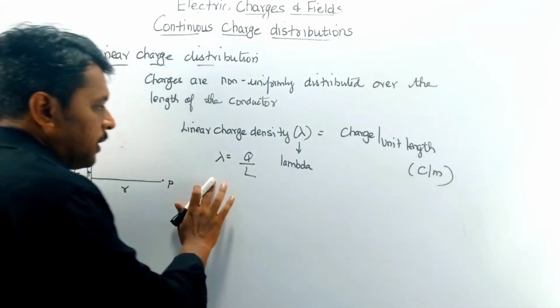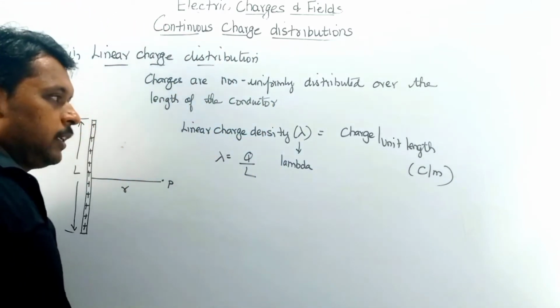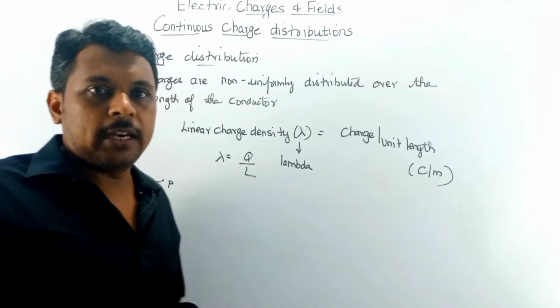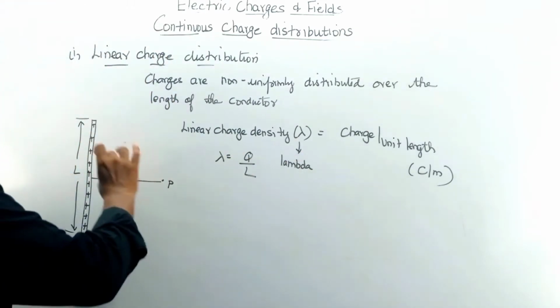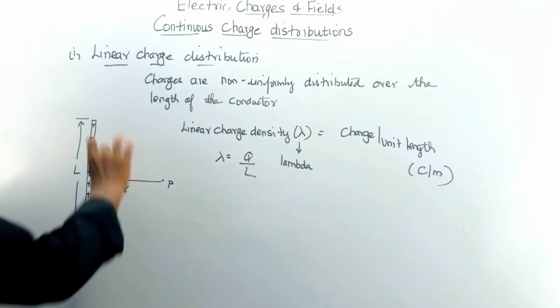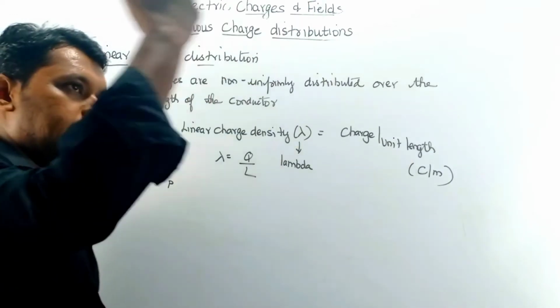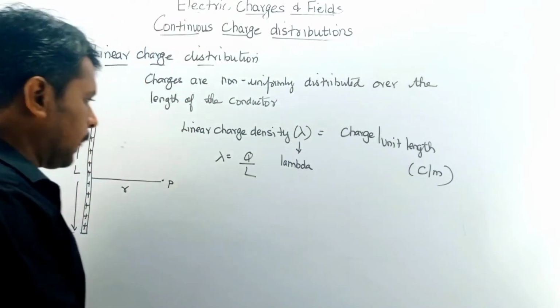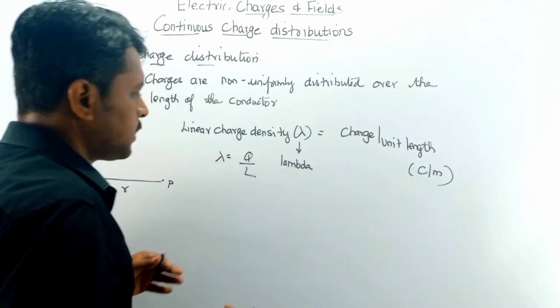So for such cases, we have introduced this term lambda, which specifies the charge per unit length. If we find the value of charge for one particular length, it is easy to find the charge for the total length. So lambda is nothing but Q by L.